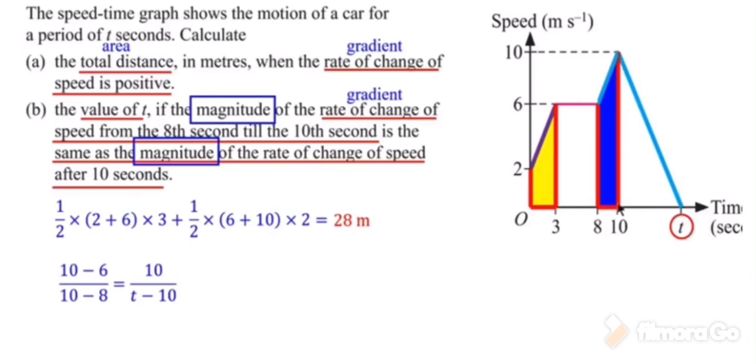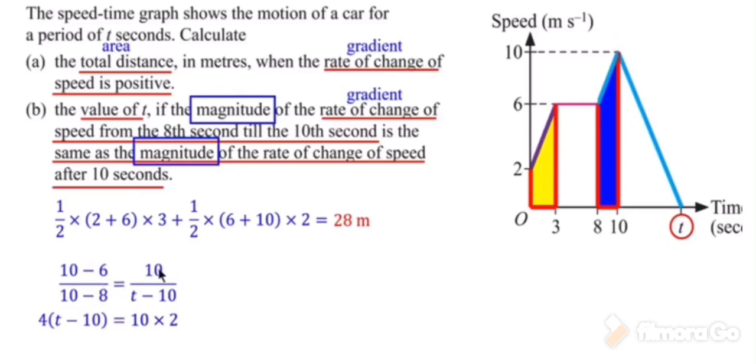So this is the gradient for the light blue color. Then you do expansion. After you cross multiply, you get 10 minus 6 is 4. 4 cross multiply by t minus 10 equals 10 times 10 minus 8, which is 2.